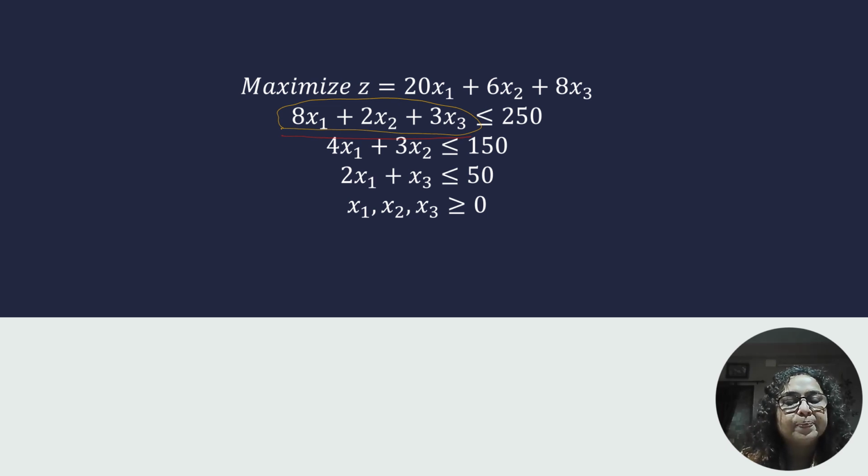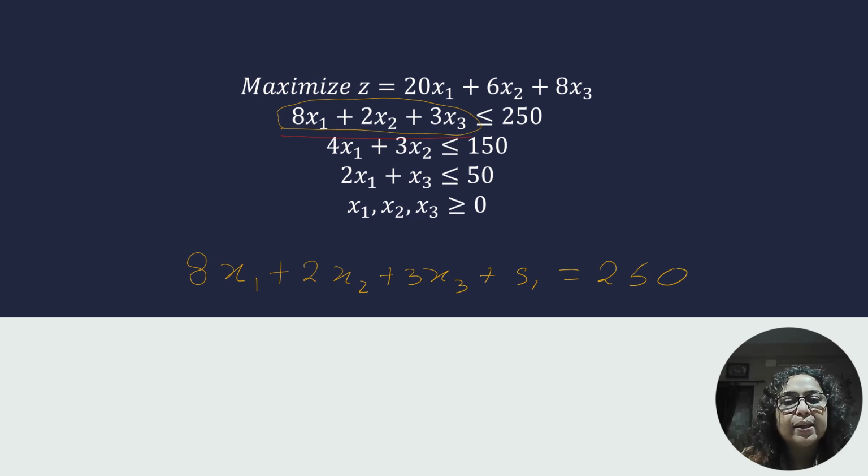So if we add that S1 to this left side, we will get an equality. We can equate it to 250. Now, this S1 can be greater than or equal to 0. So then the equation becomes 8x1 plus 2x2 plus 3x3 plus S1 is equal to 250.